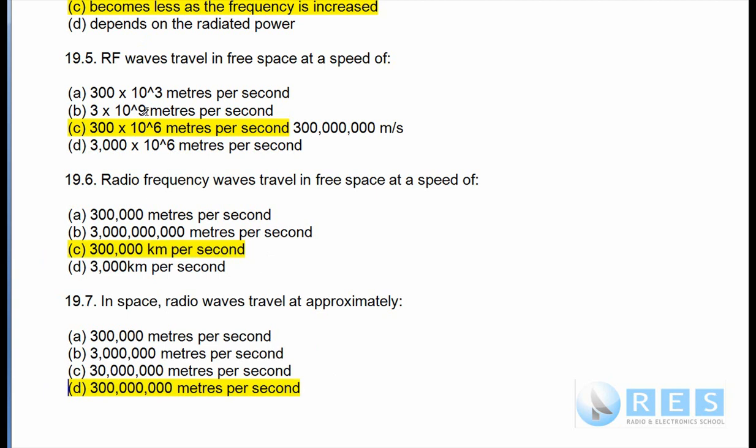So with those three questions, you're seeing three possible ways that they can give you that number for the speed of electromagnetic radiation, or what most people call the speed of light. Don't get caught with that. Make sure you are aware that 300 kilometres per second is the same as 300 million metres per second, and that's the same as 300 by 10 to the power 6.